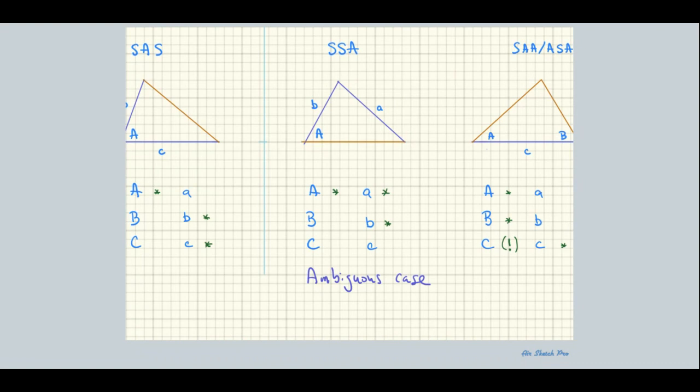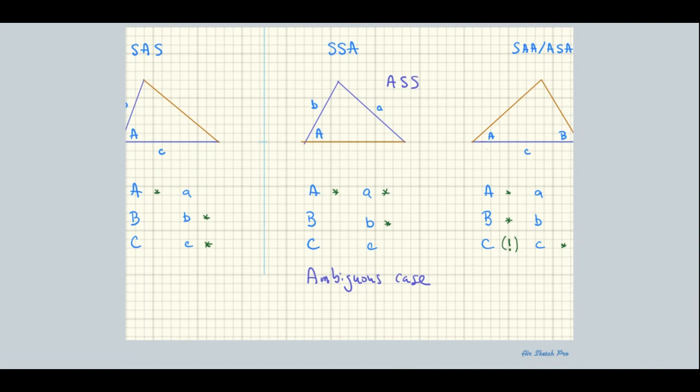The construction to figure out that it's ambiguous starts by looking at the angle, okay? By construction, to see that it's ambiguous, you start out by looking at the angle, and then look at the two sides that are next to it.